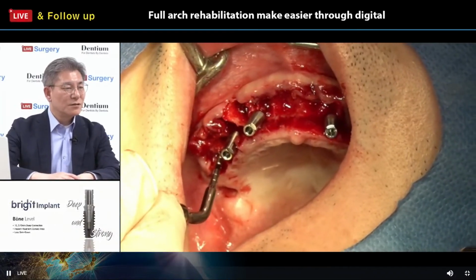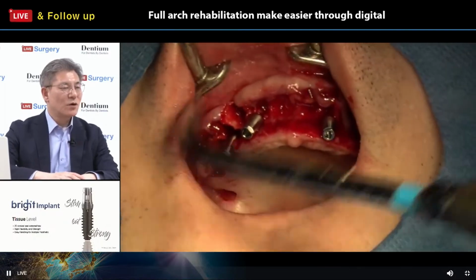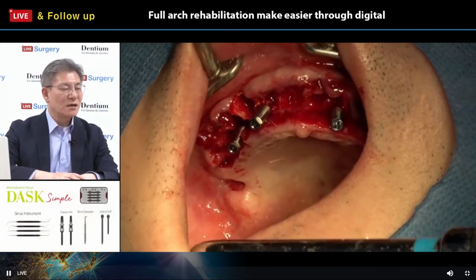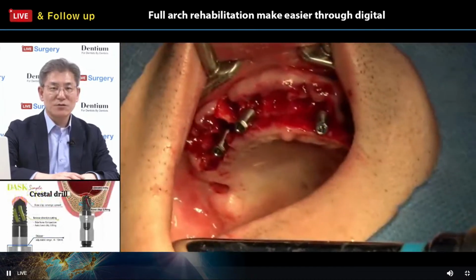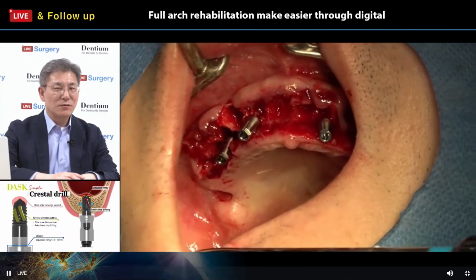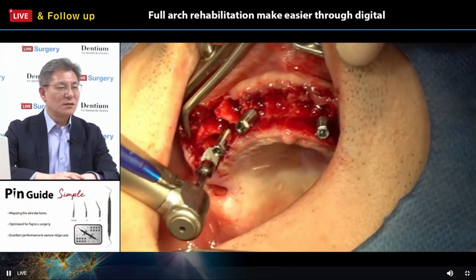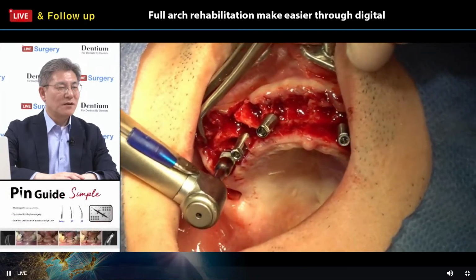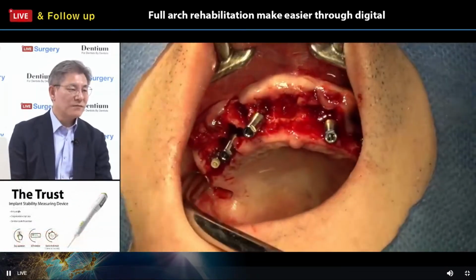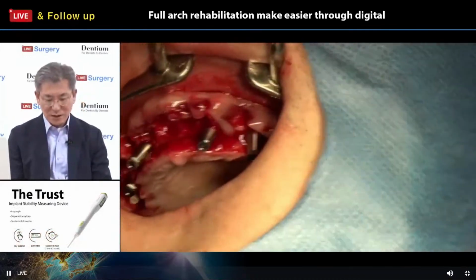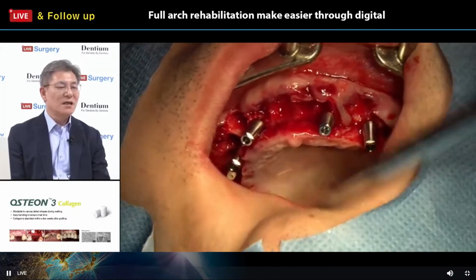Okay, using a depth gauge, he is checking whether the sinus floor is intact or not. If the sinus floor is intact, it means good news, right? So we can use the crestal drill for the bicortical fixation. The final fixture is installed with 4.0, 7 millimeter. I see.